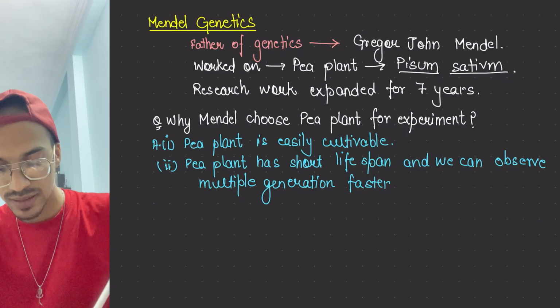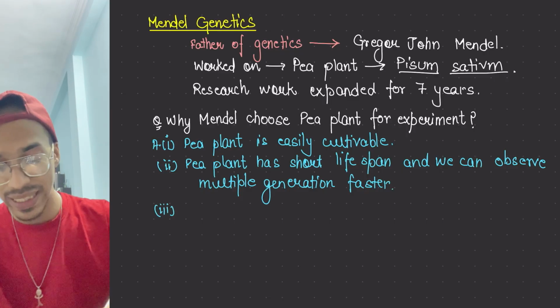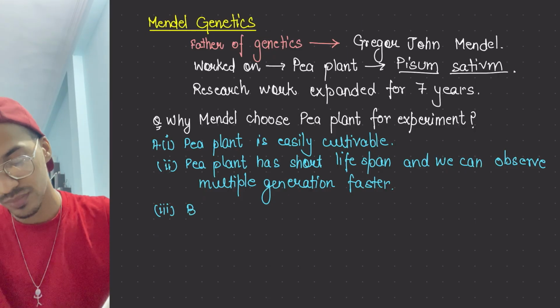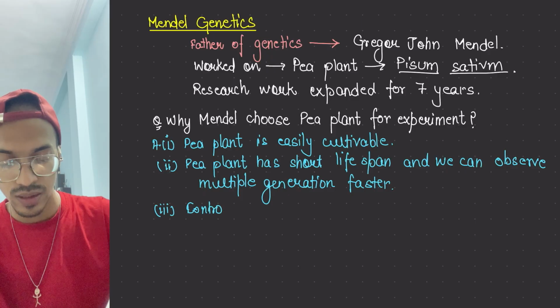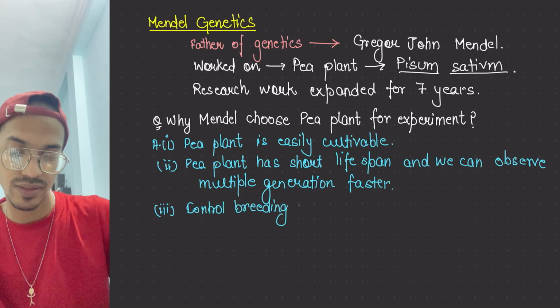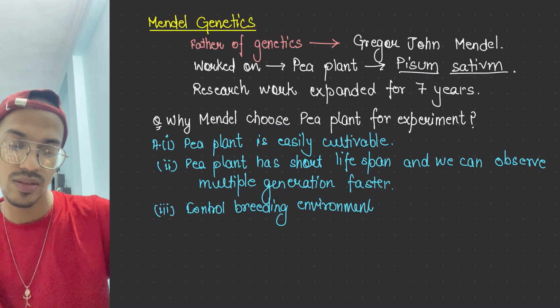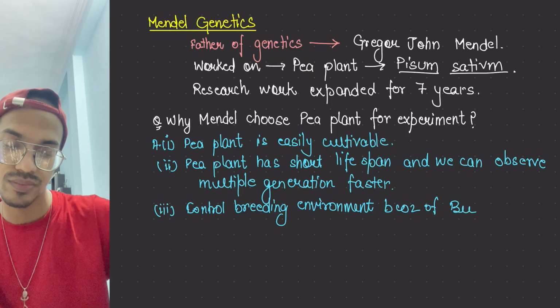Okay, next, the third one is controlled breeding environment, because of bud pollination.